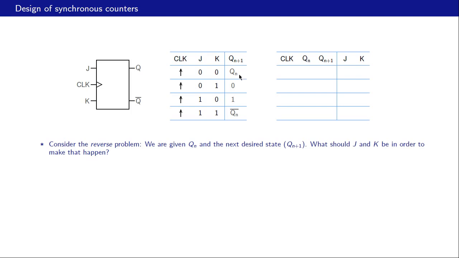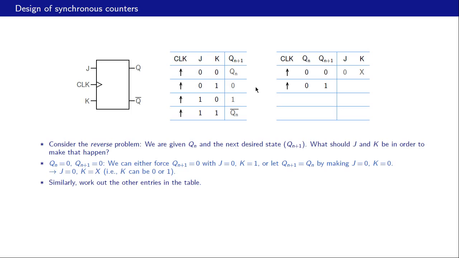What it means is we must have J equal to 0 and our K can be either 0 or 1. That is, K is a don't care condition. And that is how we indicate the choice of J and K. So J is 0, K is X, for Qn to be 0 and Qn plus 1 also to be 0.